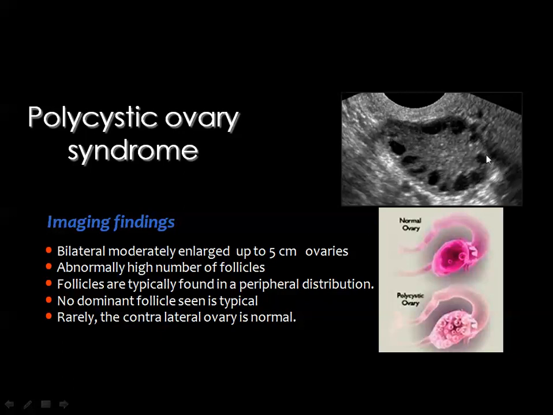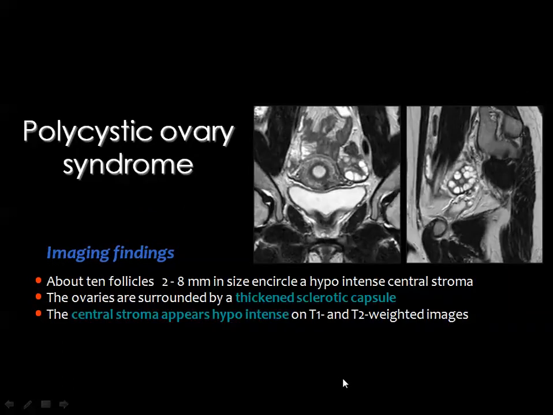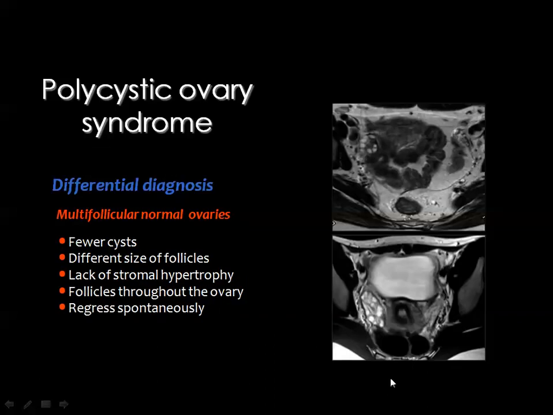The follicles are arranged along the peripheral part of the ovary, and they are almost of the same size. Then the stroma, or the tissue of the ovary itself in between the follicles, will appear sclerotic, of low signal in the T1 and T2 weighted images, and also the capsule of the ovary is thick and sclerotic as well.